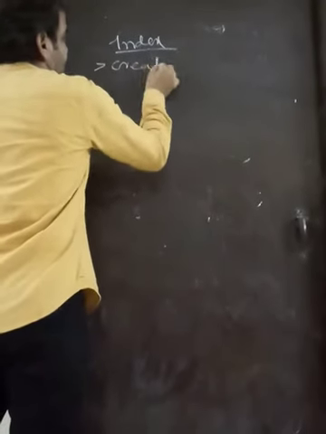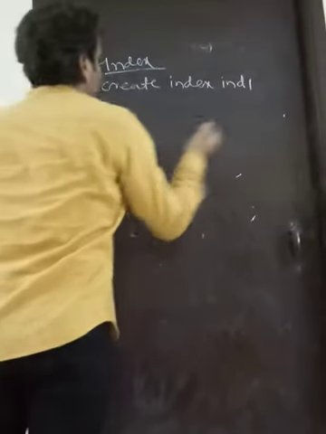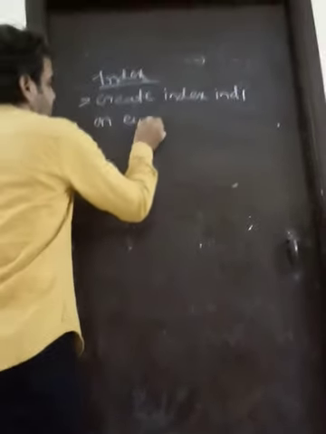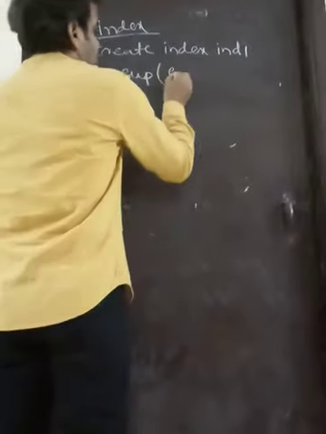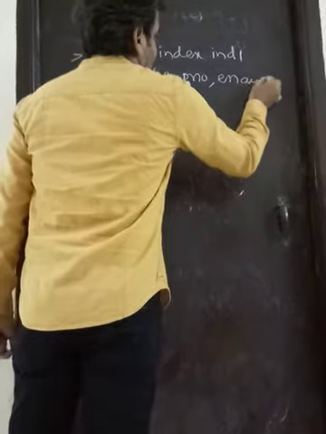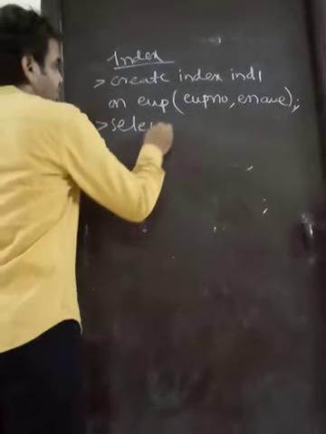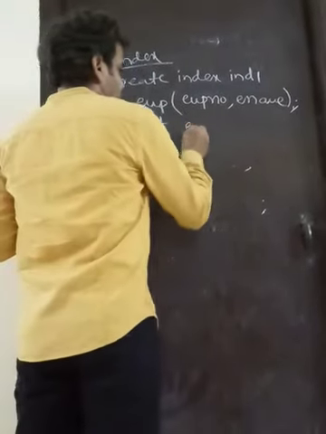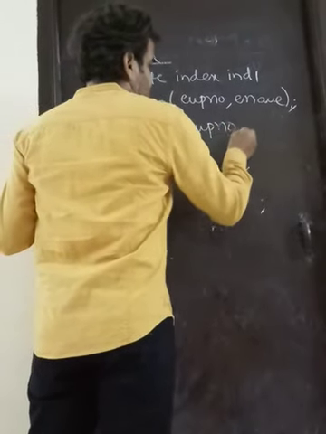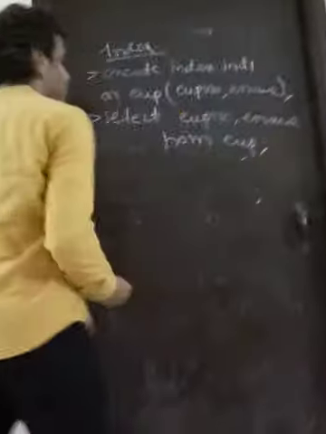Create index ind1 on employee table, employee number, employee name. Here we are creating the index on two columns. When you access, select employee number, employee name, we can retrieve speedily from employee. These two columns will be displayed speedily.